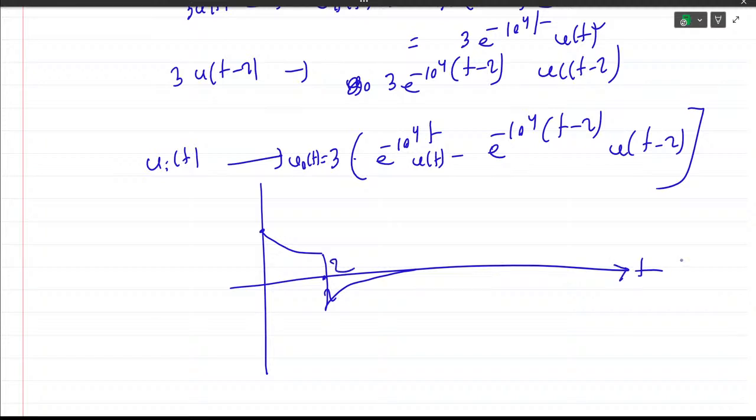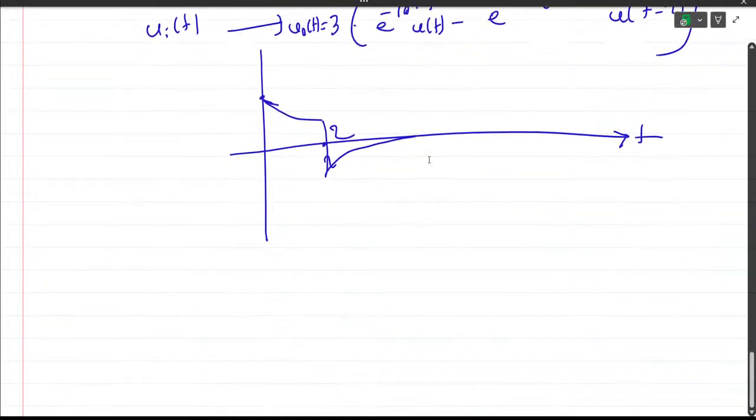Because the time constant is very small, the decaying will be very little.